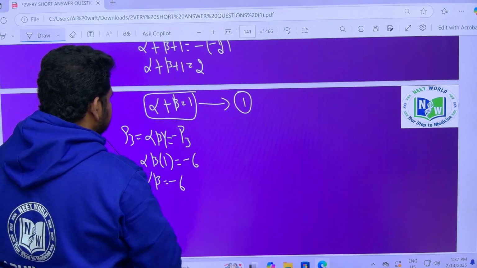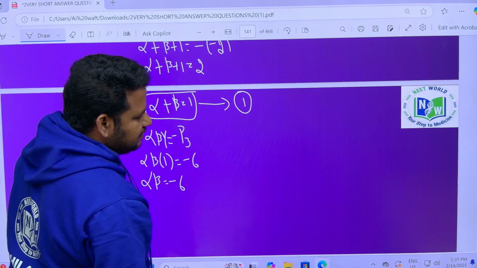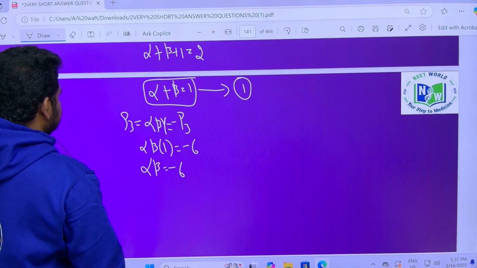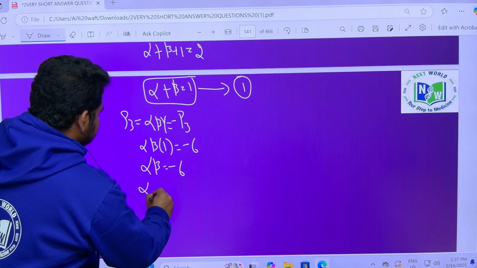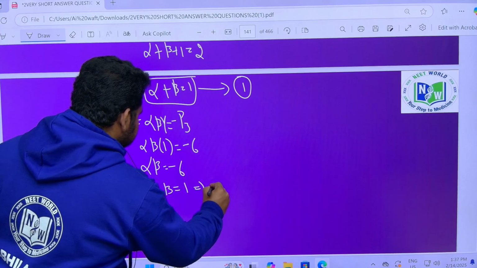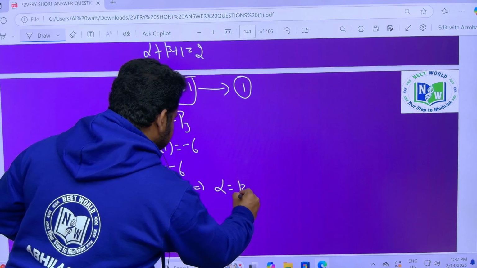So from equation 1, we can substitute the value for alpha. Using equation 1, alpha plus beta is given as 1. This implies, wherever alpha is there, let me take alpha is equal to beta minus 1.